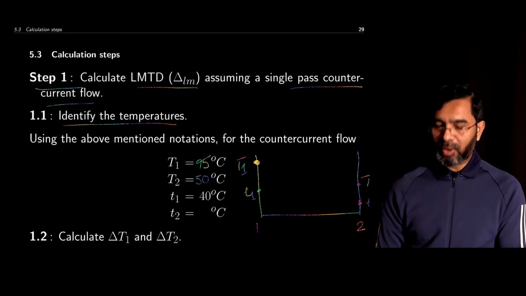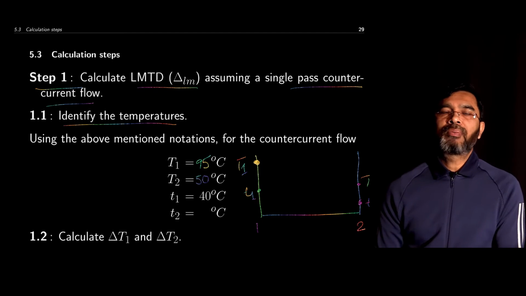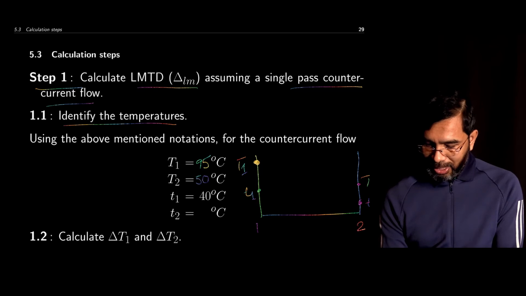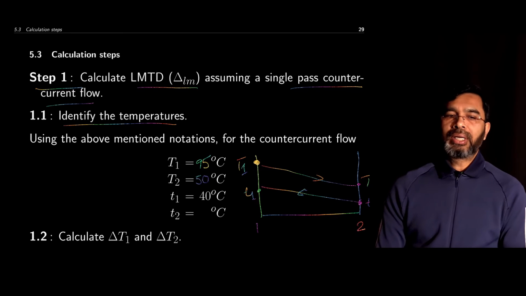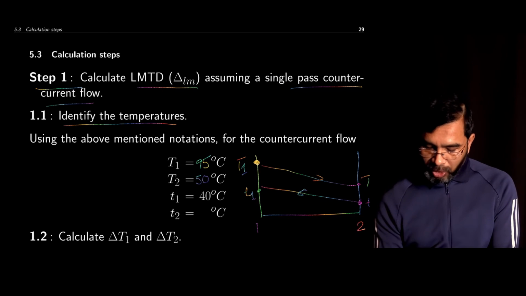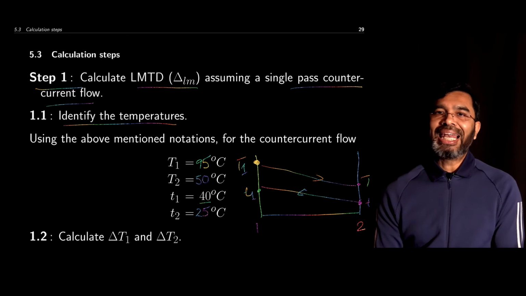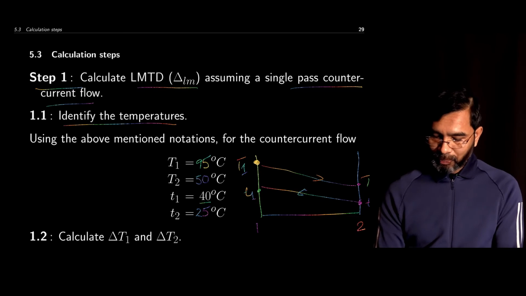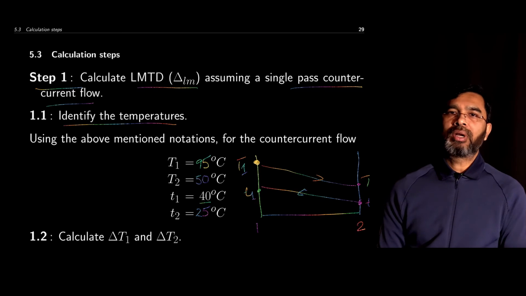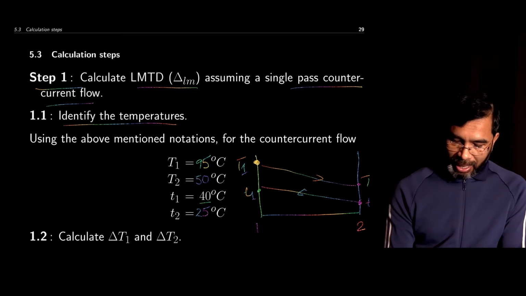So we'll consistently follow this notation. What the temperature profile is in between, we don't know, but just for the sake of giving the inlet and outlet direction, we'll use something like this to denote the direction of the stream. So we have small t1 to be 40 and small t2 to be 25. Do remember that small t2 is the inlet for the cold stream, and small t1 is the outlet for the cold stream. So that's identifying the temperatures.